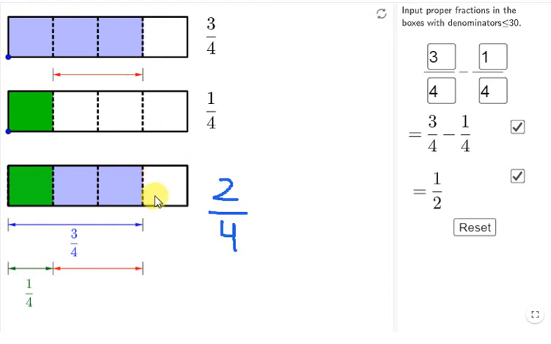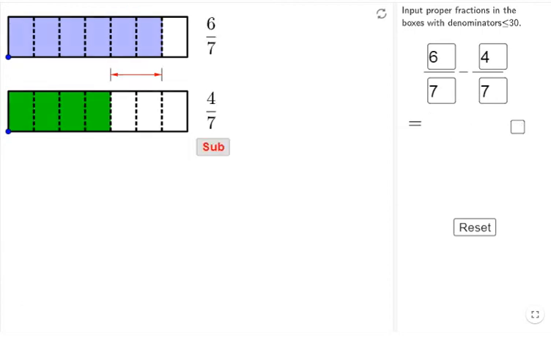Okay, now let's solve some more questions. For example, if you want to subtract 4/7 from 6/7, what image should be made in your mind? You should think of 6/7 as dividing the whole into 7 equal parts and shading 6 of them.